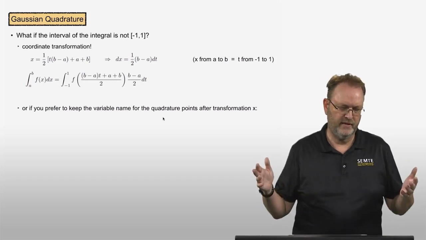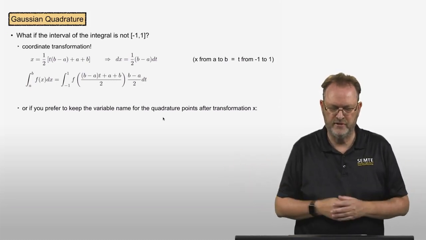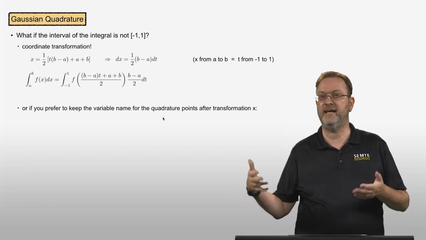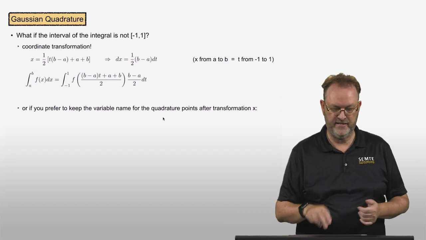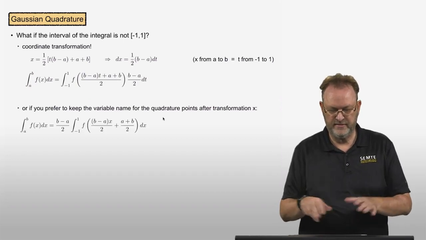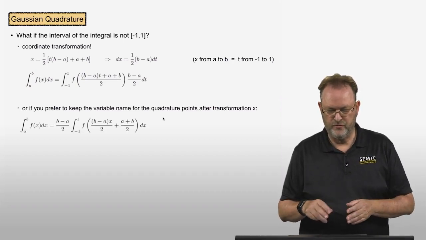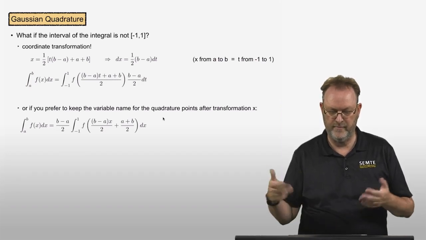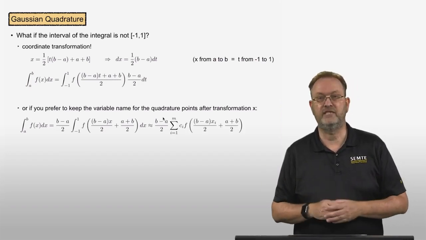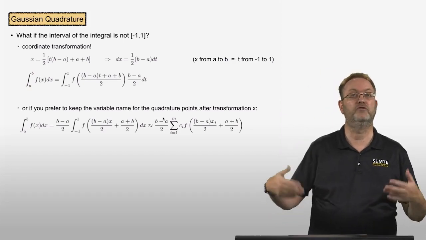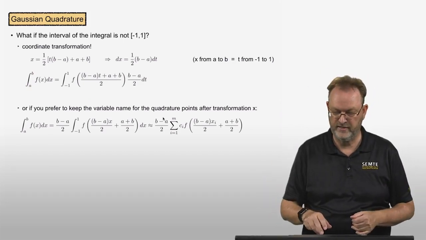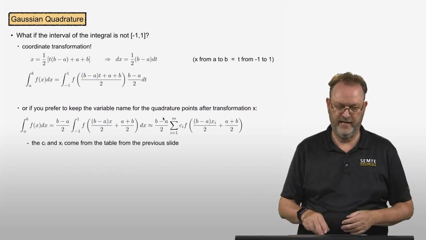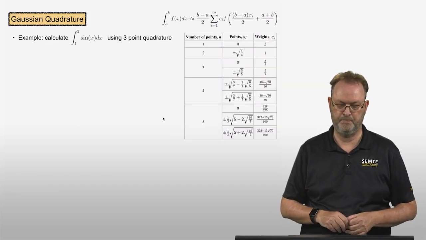Or, if you prefer to keep the variable names for the quadrature points after transformation as x, as they appear in the table, this is the same formula, now just written with x in the right-hand side that goes from -1 to 1, which then gets replaced by the Gaussian quadrature sum with the weights ci and xi, and the ci and the xi come from the table from the previous slide.